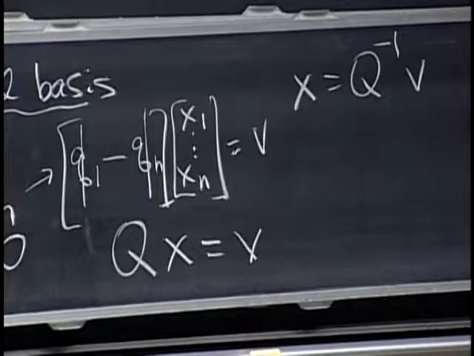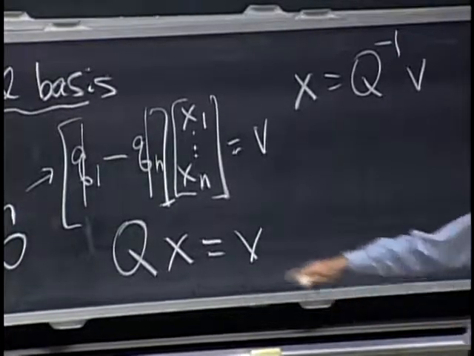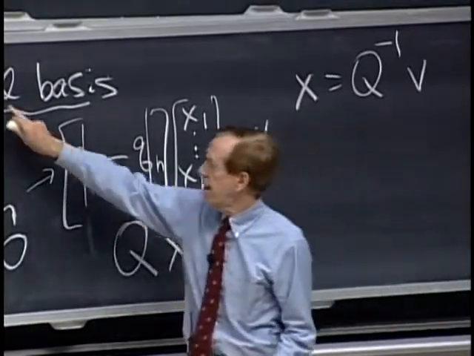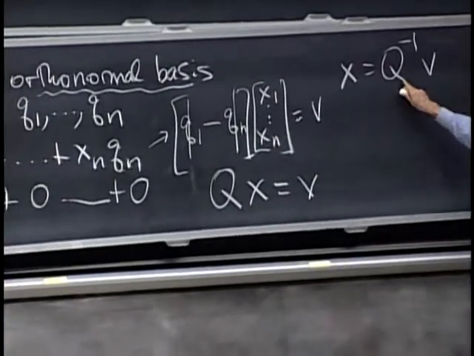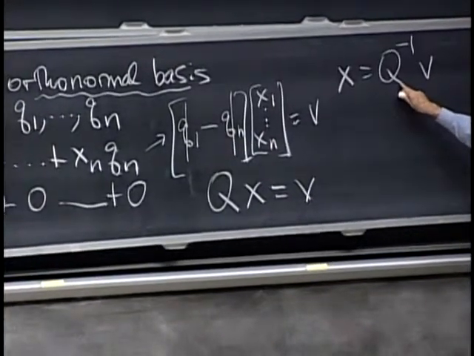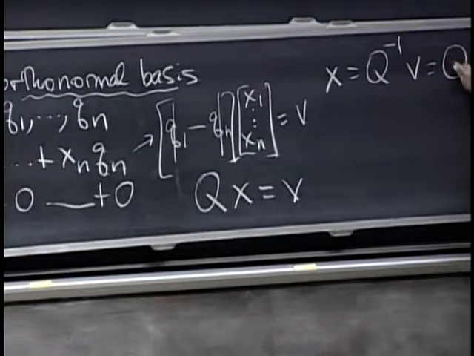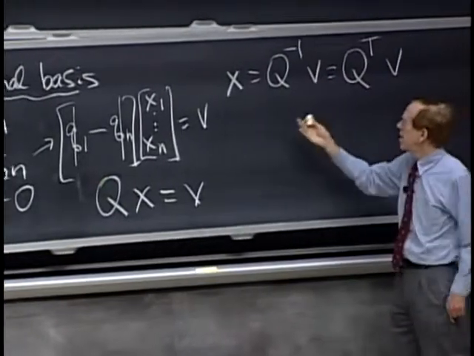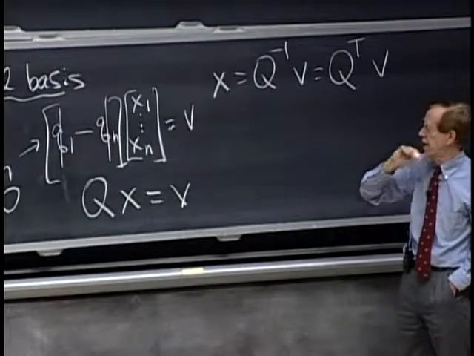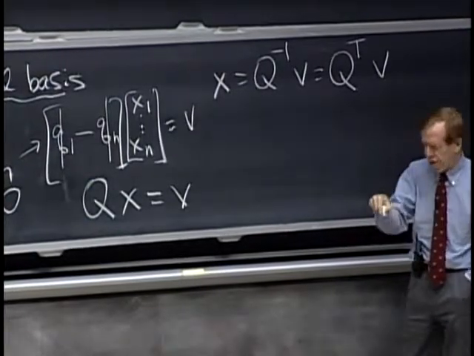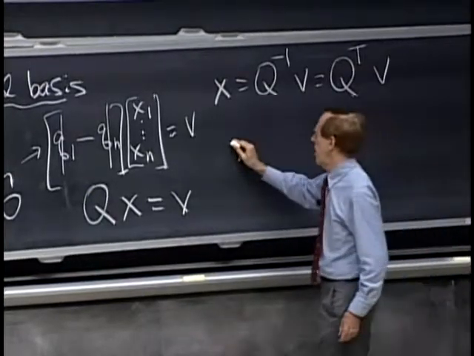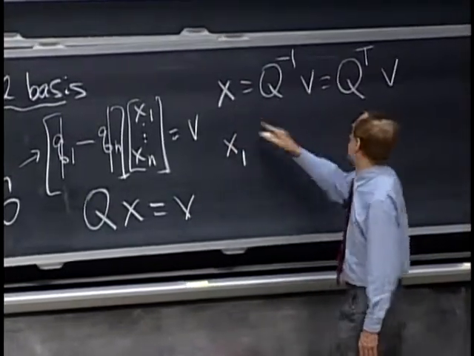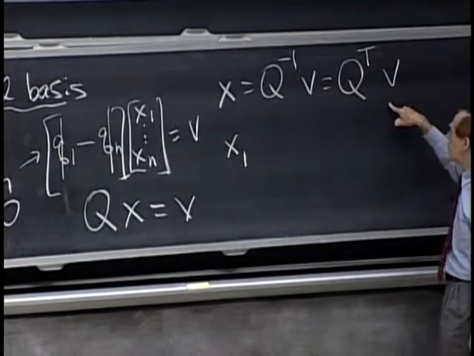Q inverse in this case is simple. I don't have to work to invert this matrix Q because of the fact that these columns are orthonormal. I know the inverse to that, and it is Q transpose. When you see a Q, a square matrix with that letter Q, that just triggers Q inverse is the same as Q transpose. So the first component of x is the first row times v.